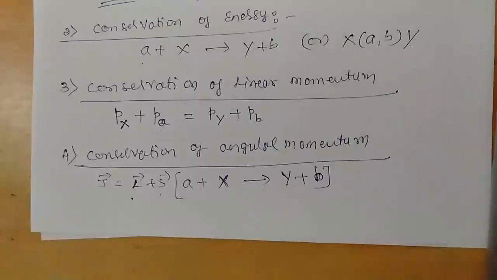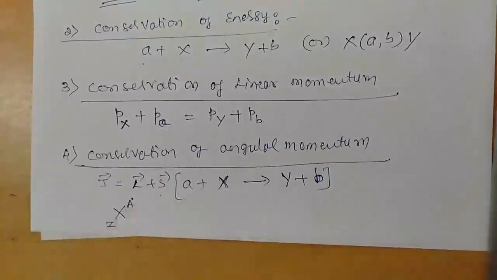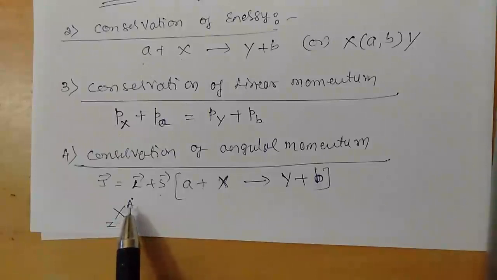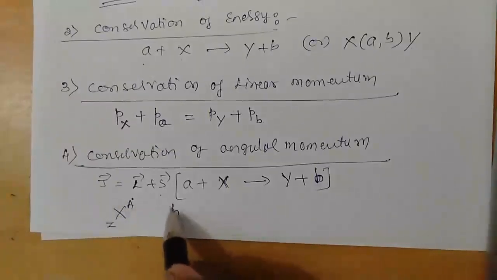One thing to be very importantly noted for the conservation of angular momentum is this: if you represent a nucleus in this form, X is the symbol of the nucleus, Z is its atomic number, and A is its mass number. If any nucleus has an odd mass number, then its angular momentum will be an odd multiple of h bar divided by 2.